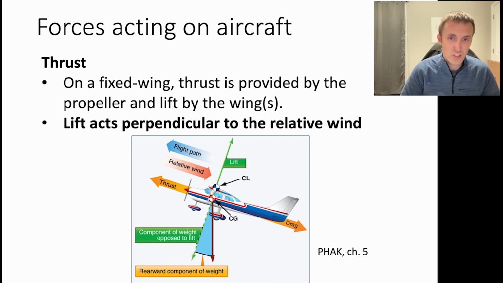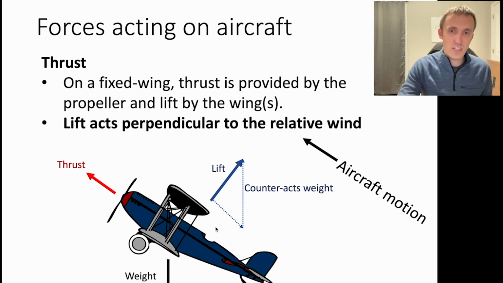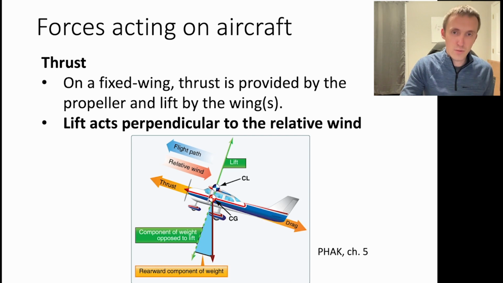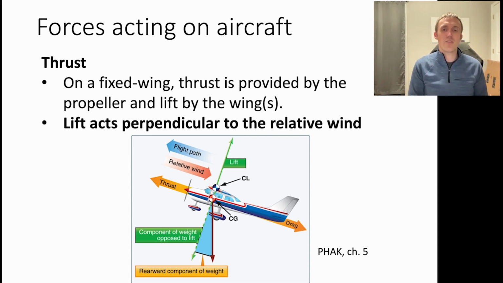And you see the lift generated by the wings, and you see that there's a component of the weight which is opposed to the lift, and then there's a rearward component of the weight which is broken up differently in this case, where there's a component of the lift which counteracts the weight, and then another component which is counteracting that thrust. It's the same idea here, just broken up in a different way. So that rearward component of the weight is essentially acting like a drag and being opposed by the thrust. So all these different forces are counteracting each other.